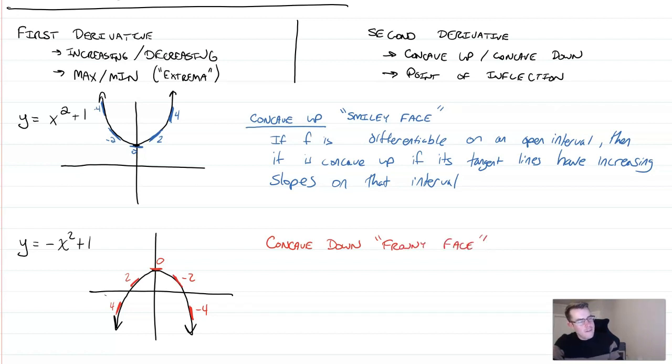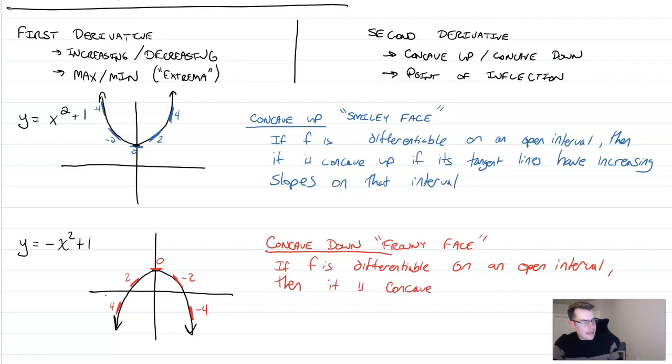We say if f is differentiable on an open interval, then it is concave down if its tangent lines have decreasing slopes on that interval.